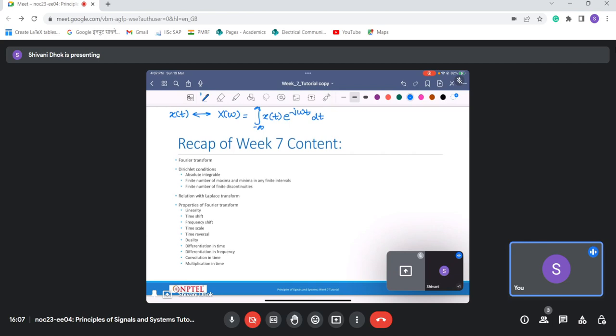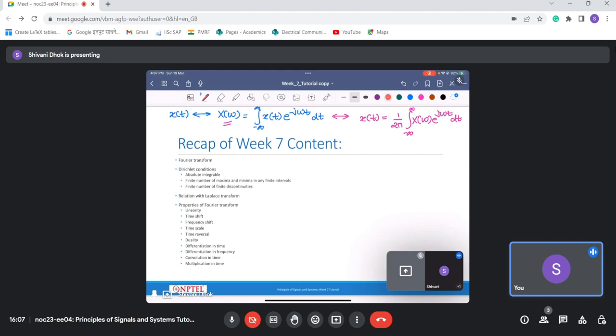This is the Fourier transform, and we can get back x of t with the help of this x of omega using the inverse Fourier transform definition, which is given by the formula x of t is equal to 1 over 2 pi integral from minus infinity to infinity x of omega into e power j omega t d omega.